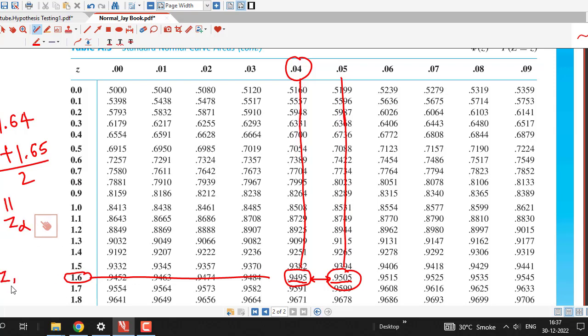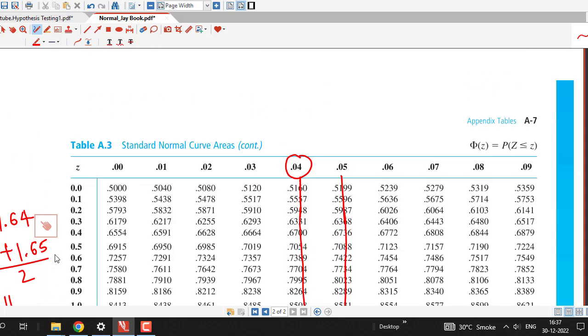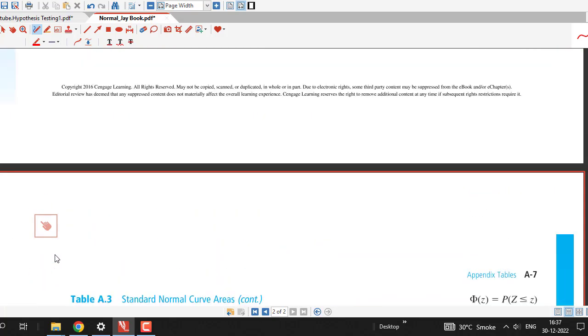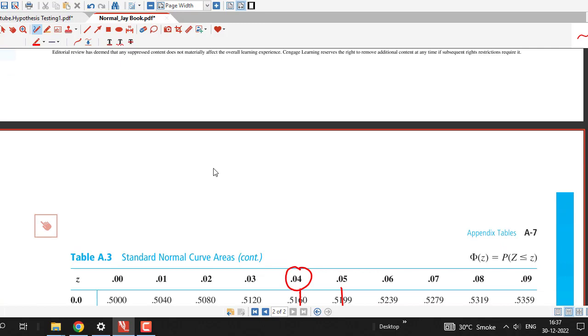So Z alpha is the average of 1.64 and 1.65, that turns out to be 1.645.